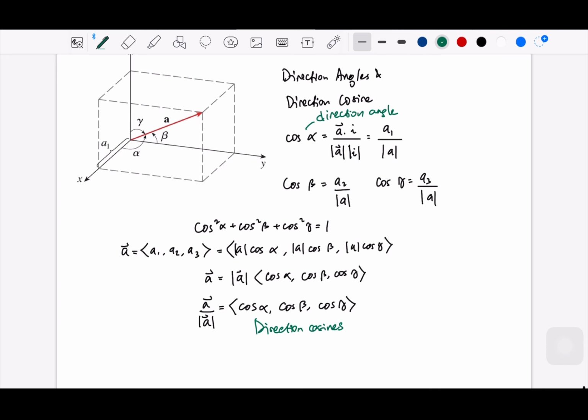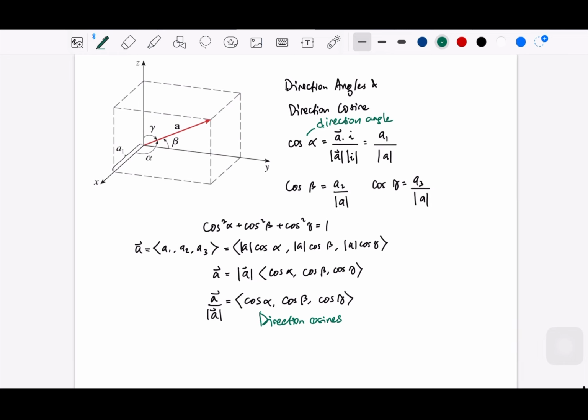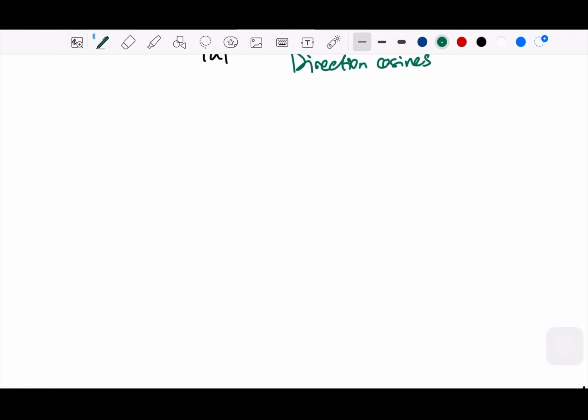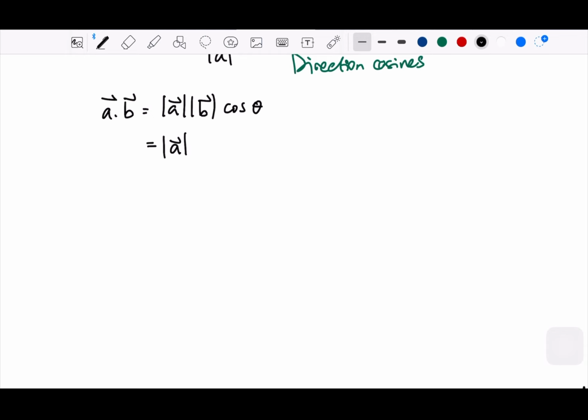All right. Now the last section. Oh, I forgot, the last section in this dot product will be the projections. Okay, so based on what we have in A dot B, we can write A B cosine theta.